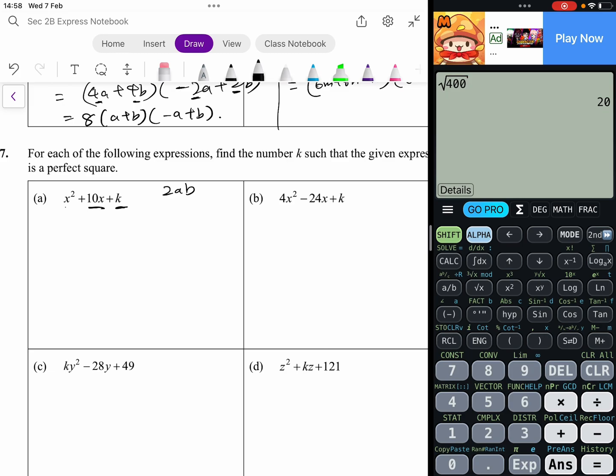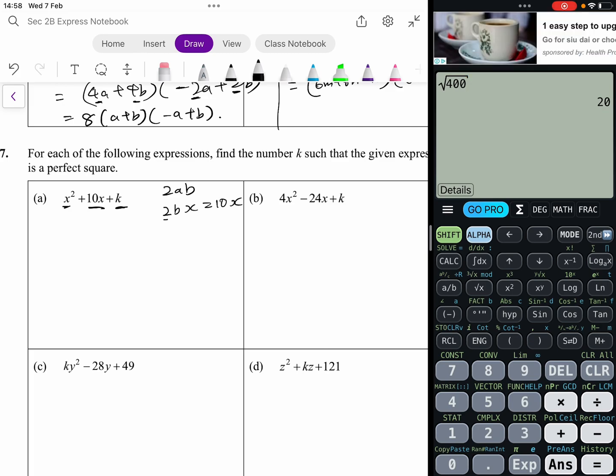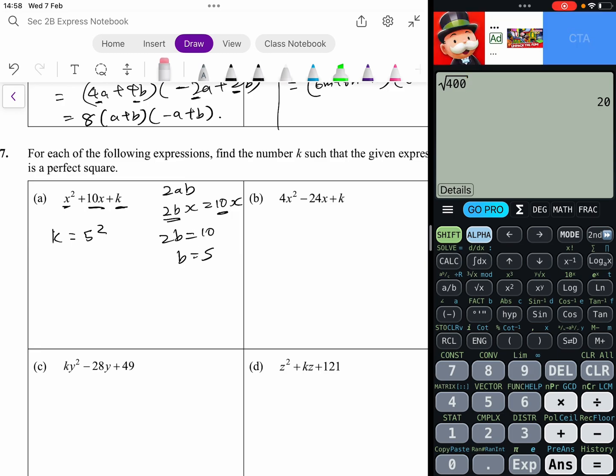So from here we know our a is x, so it's 2bx equals to 10x, right? So 2b equals to 10, right? So our b equals to 5, which means that k equals to 5 squared, because k is b squared, right? So because k is b squared, we get 5 squared, 25.